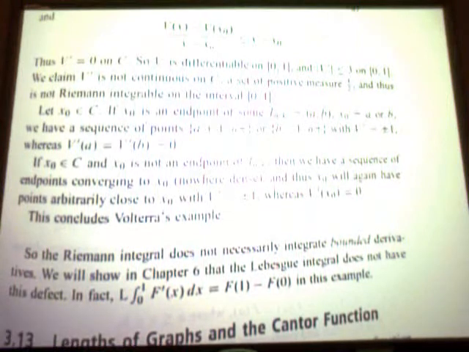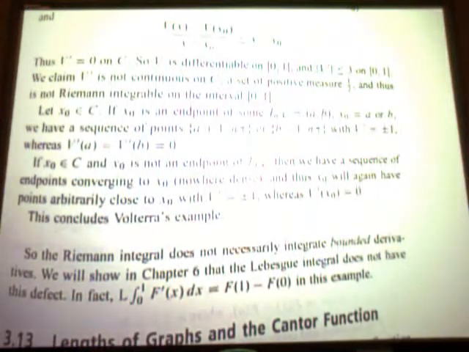I can do that later. I could be wrong. Don't you have uncountably many oscillations at each of these points?